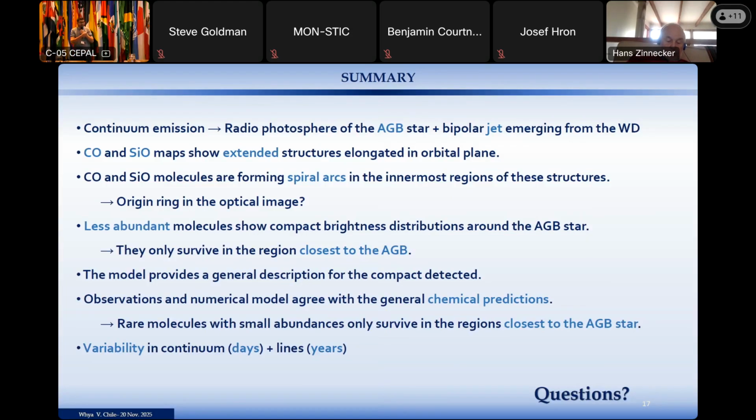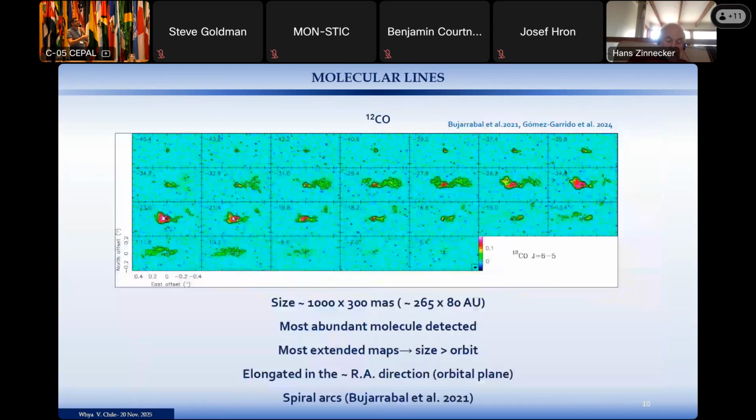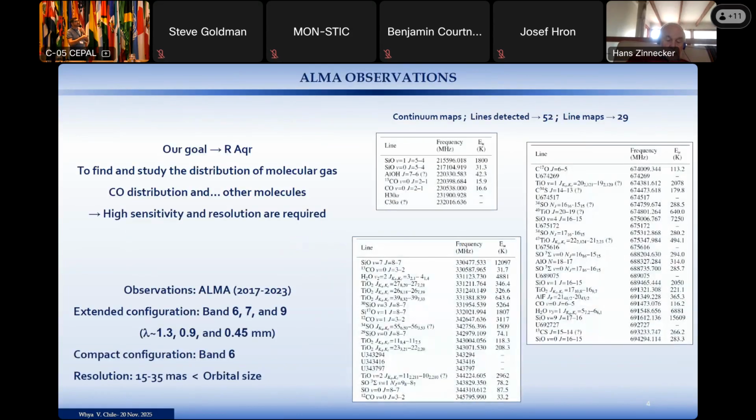In fact, we have some unknown detections, but sorry, you cannot see the frequency. There are some unknown detections, and we have to explore where they are located, but in these cases they are over the AGB star. We have not seen any molecule resulting from the photodissociation. Thank you for your question.